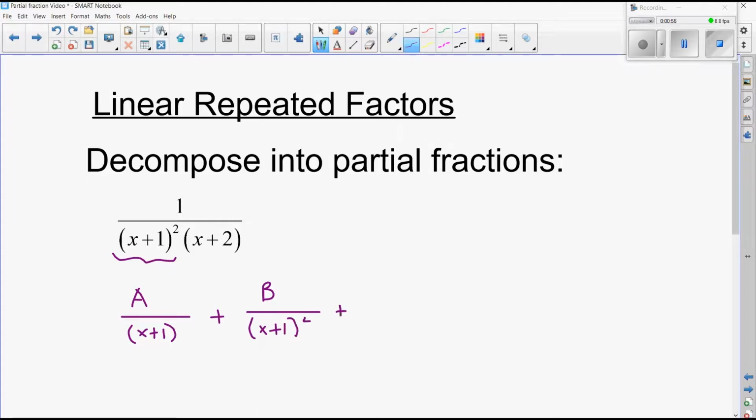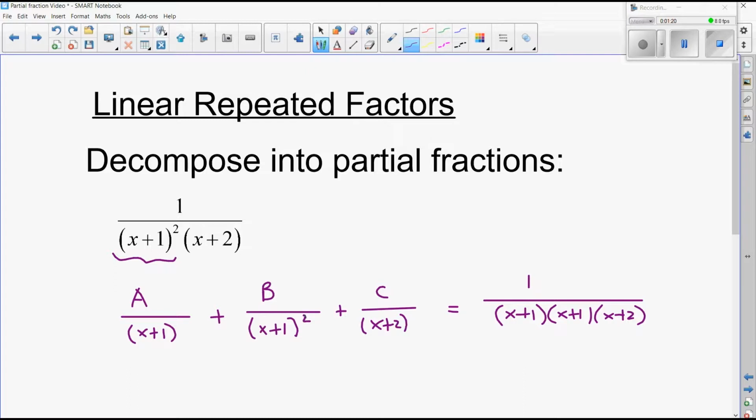And my last fraction will be c over the last factor, which is x plus 2. And this will equal 1 all over x plus 1 times x plus 1 times x plus 2. You could even have just written it as x plus 1 squared times x plus 2.